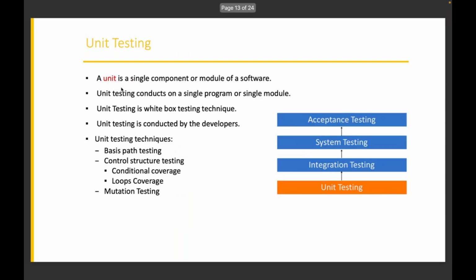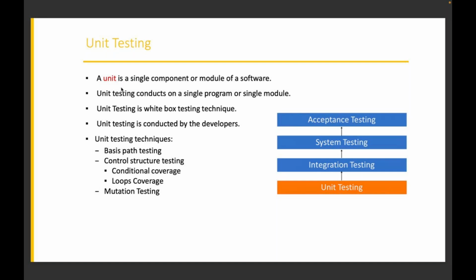I'm going into a little more detail about unit testing at a high level, just to make sure we are all on the same page. Unit testing, as I said, is a white box technique, mostly done by the developer. You will often hear people asking, hey, did you do the unit testing? Have you created the unit test cases for the development activity you have done? This is the job of the developer, guys.